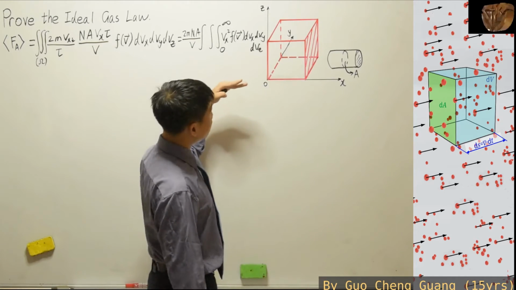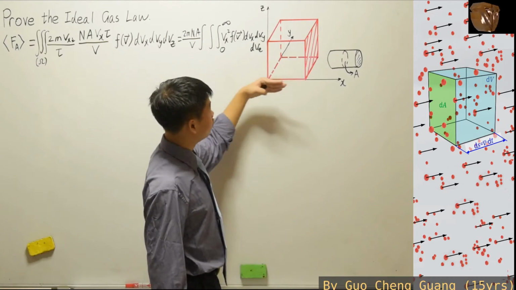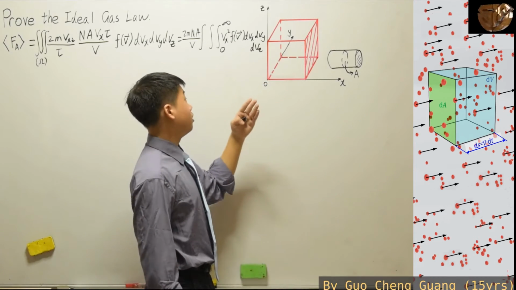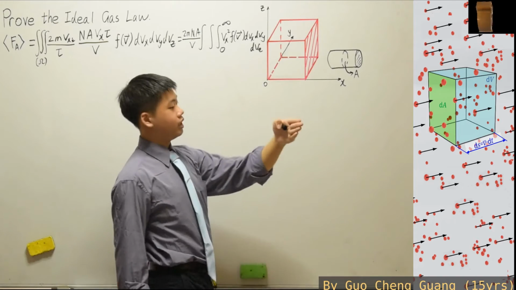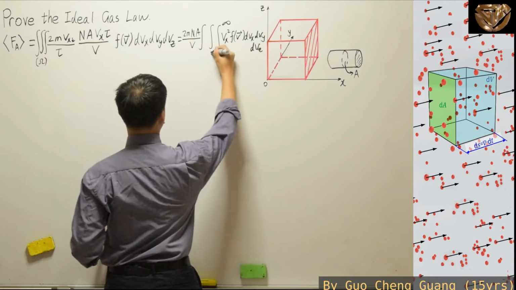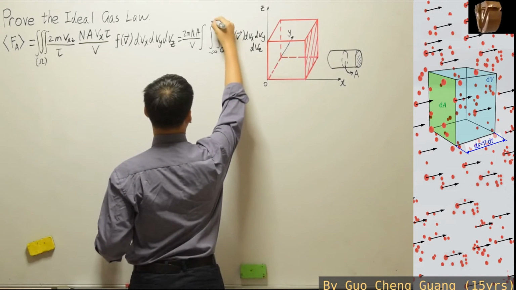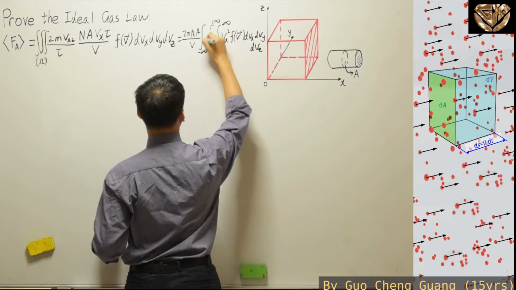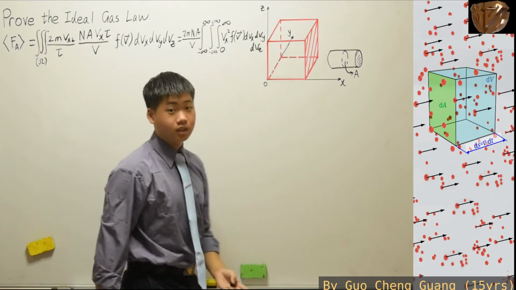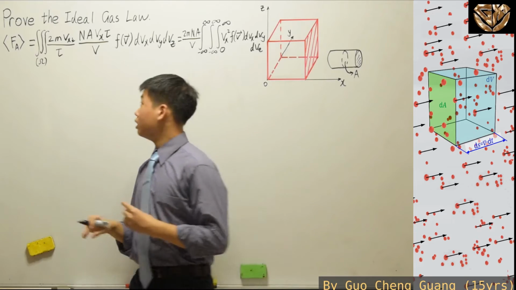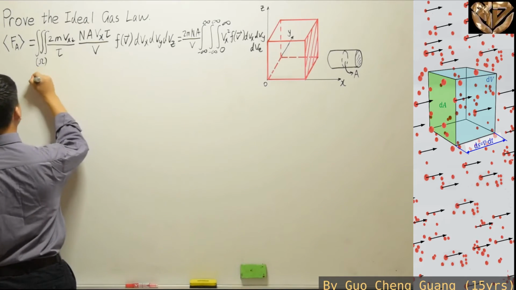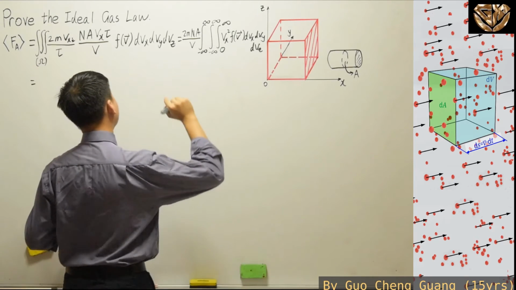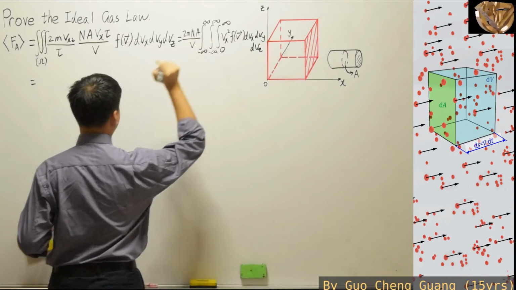Well, as long as Vx is positive, whether Vy is positive or Vy is negative would actually not matter. So for Vy and Vz, they'll both be from negative infinity to infinity. Alright? So next part, we already have the boundaries. Now, the only thing left would be your probability density function.